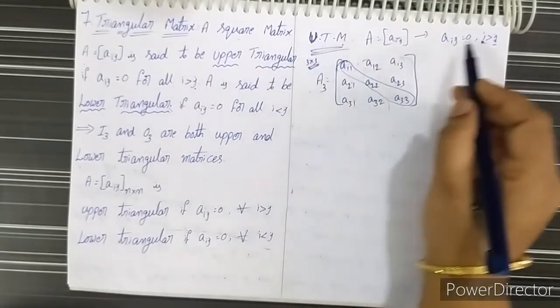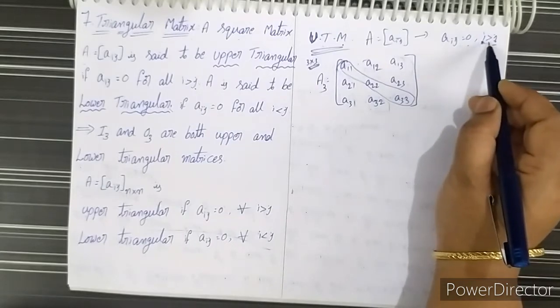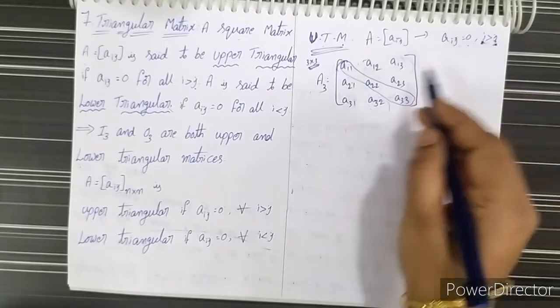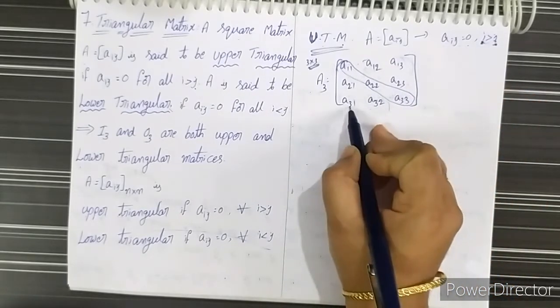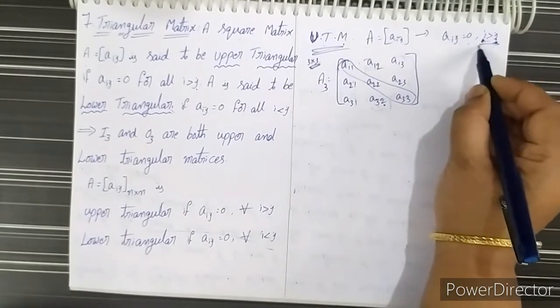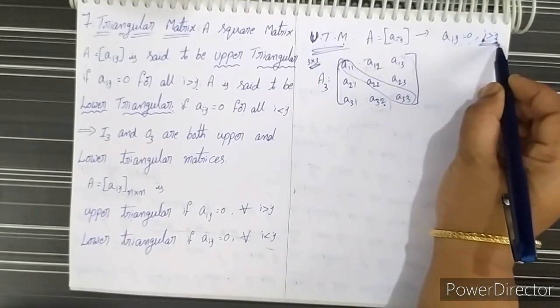Upper triangular means aij equal to 0, i greater than j. i greater than j means i is the higher number. That means a21, a31, a32. These three elements follow this condition i greater than j.